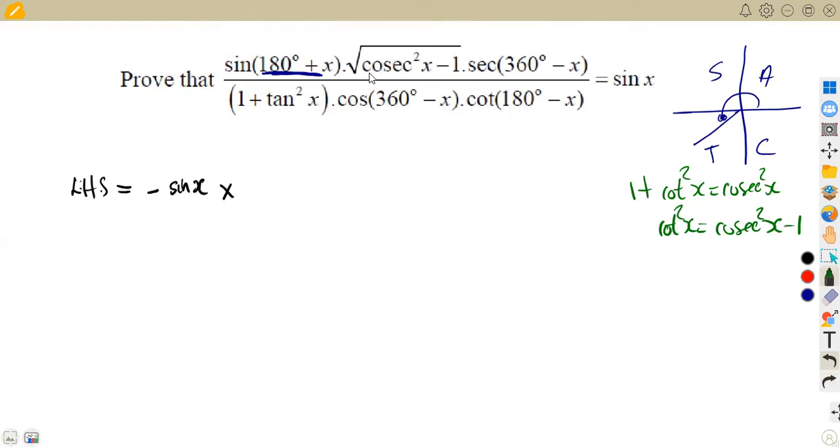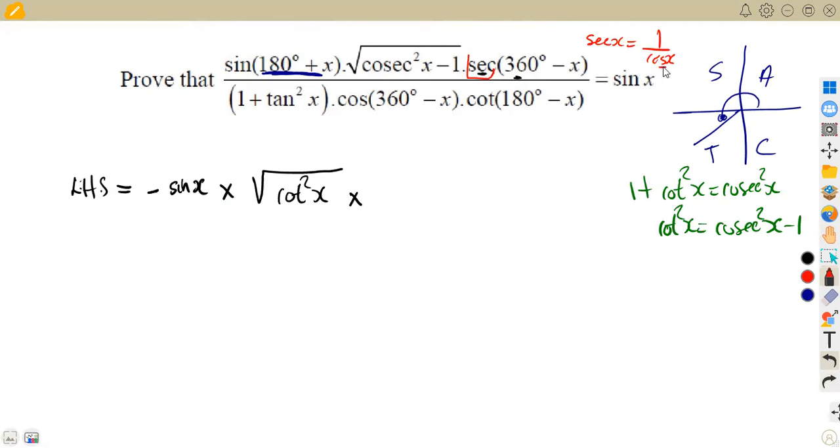So that means where there is this part, we are going to write it as cot squared. So this one is going to give us the square root of cot squared x, multiplied to sec of 360 minus x. The first thing that we are focusing on is sec, and sec is from cos. So sec x is given by 1 over the cosine of x.